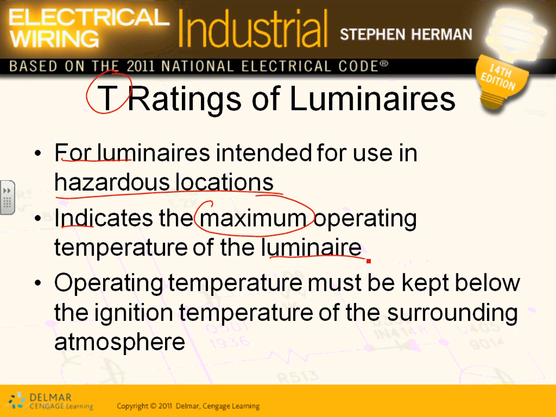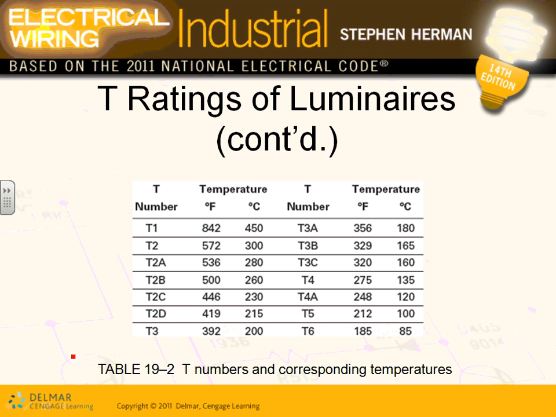The maximum operating temperature of the luminaire shall not be higher than the igniting temperature of the gas or the dust. That's without discussion, guys, right? Operating temperature must be kept below the ignition temperature of the surrounding atmosphere, gas or dust. That's the single most important thing for fixtures, the T rating, the temperature rating.